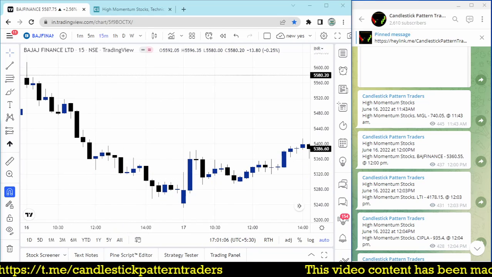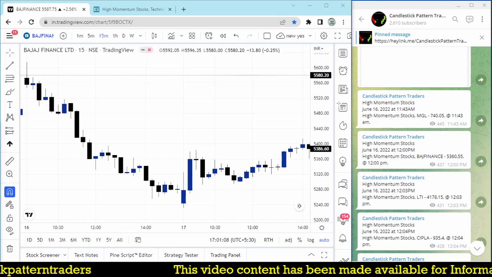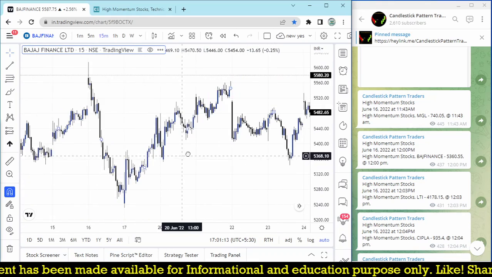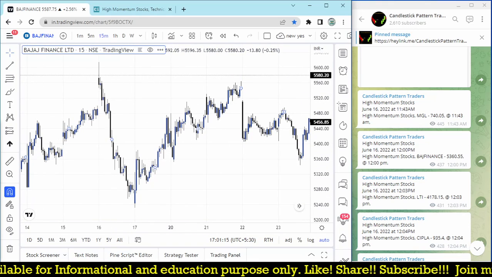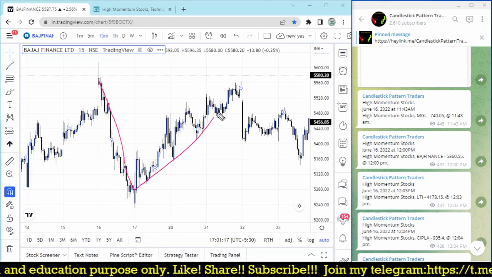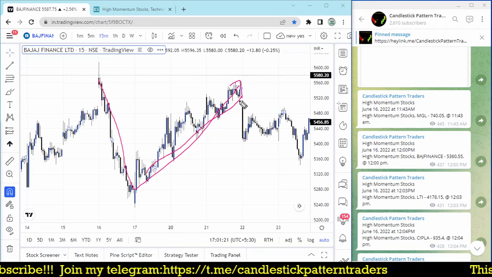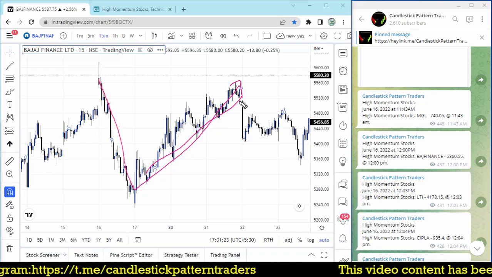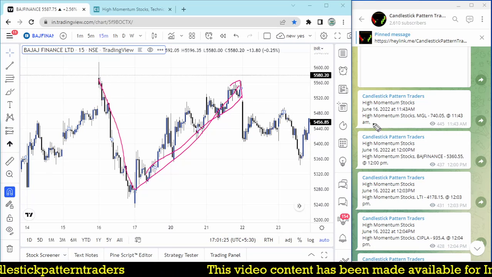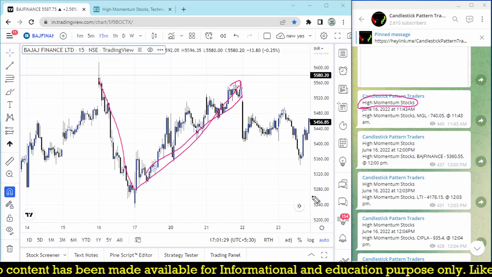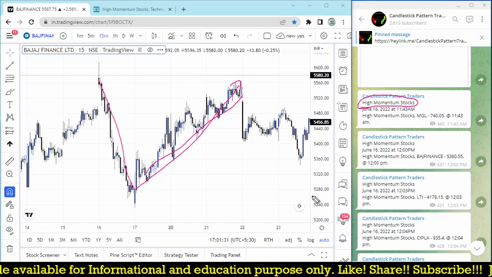You asked about that high momentum, so this is the reason. After that you see there is a momentum, the fall and the recovery are very quick. When you see any stock which is alerted by the high momentum scanner, you can focus on the stock for the next 2 to 3 days of trading.